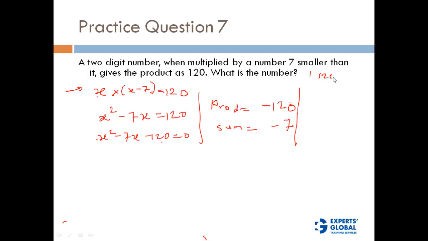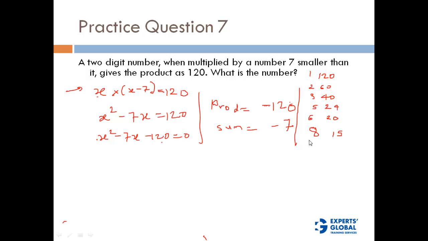1 and 120, 2 and 60, 3 and 40, 5 and 24, okay, 6 and 20, 7, 8, so it could be 8 and 15. Right. Okay, now look at it. 8 and 15, what is the difference? The difference is 7.